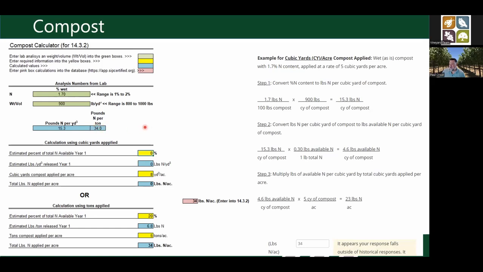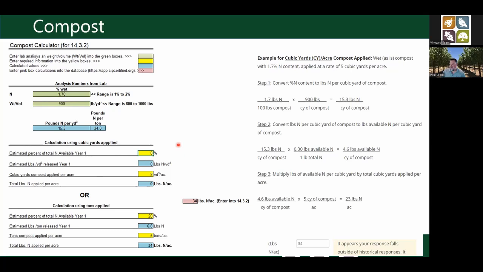And so we can take that information, and now here's the tricky thing with compost, because it's an organic form of nitrogen. Not all of that nitrogen is generally available in year one.